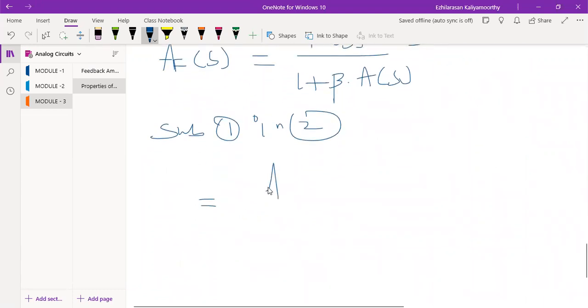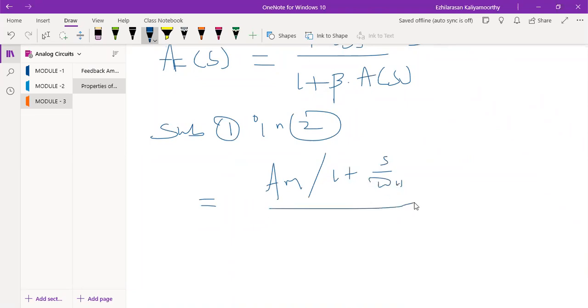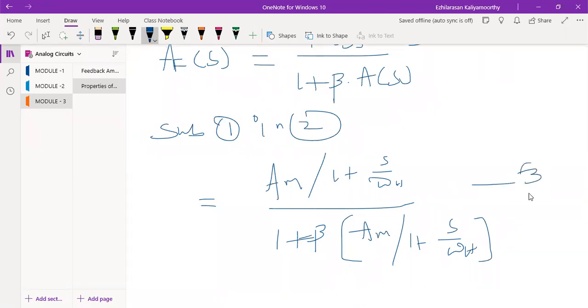So we'll get AM divided by 1 plus S by omega H, divided by 1 plus beta into AM divided by 1 plus S by omega H. So now this will be expression number 3.